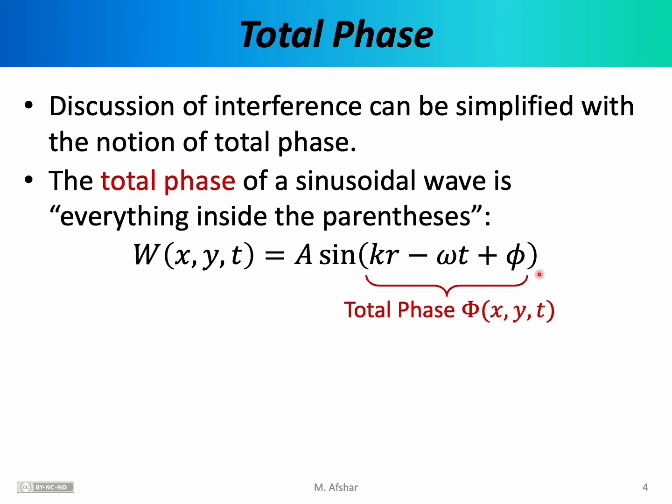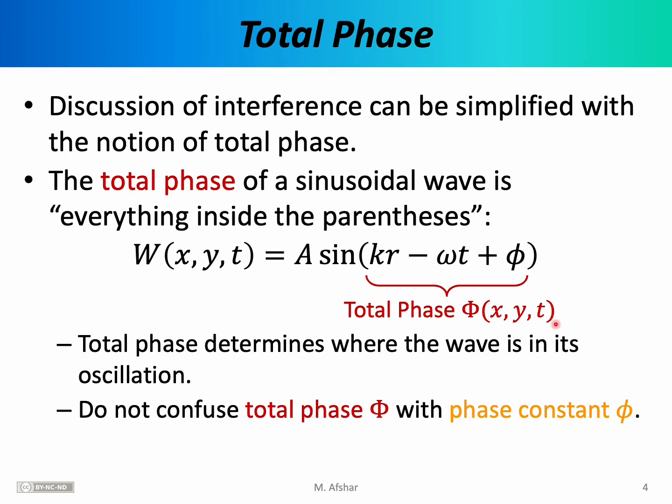So we can say that everything inside the parentheses, the total phase, is itself a function of x, y, and t. It's the total phase that determines the value of sine. So the total phase is interesting to us because by knowing what the total phase is, we can figure out what the value of the sine function is, and that in turn tells us what the value of the wave is.